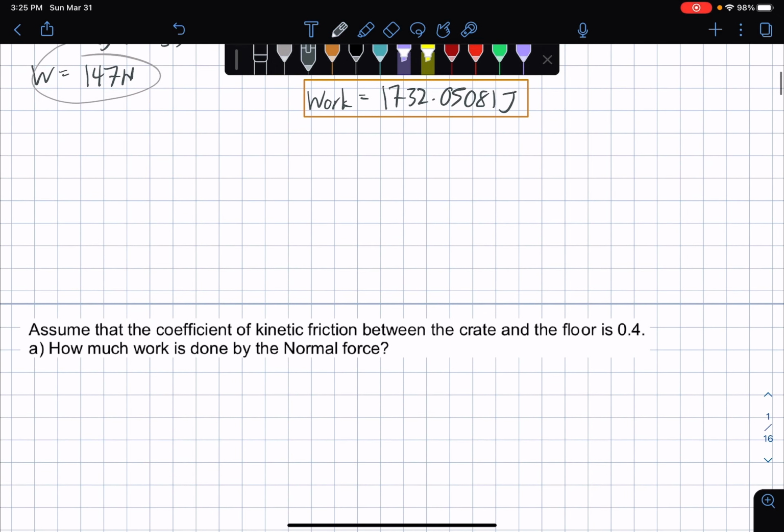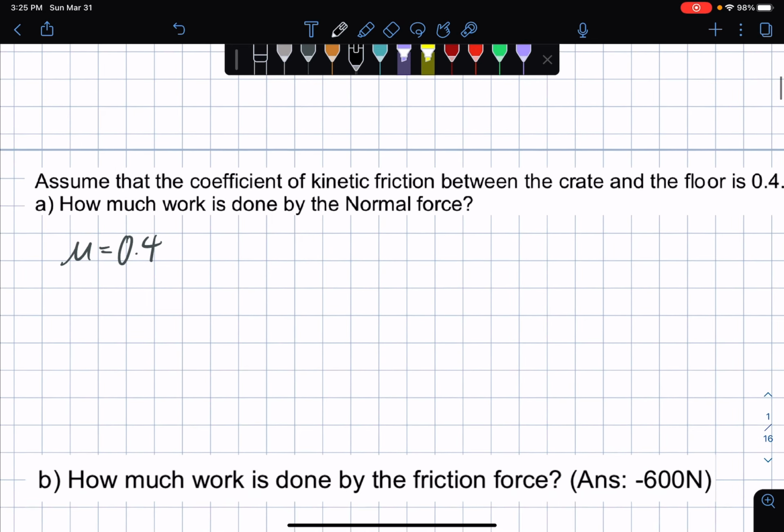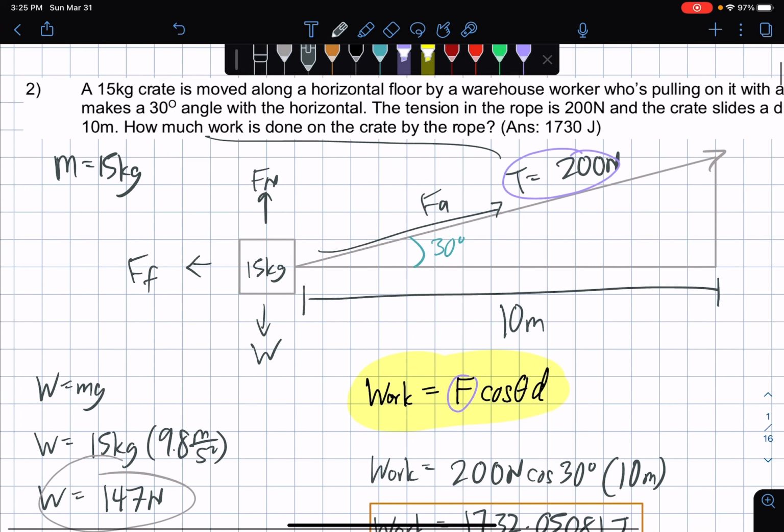Okay, so assume the coefficient of kinetic friction, the frictional coefficient, abbreviated as this symbol, is equal to 0.4. So how much work is done by the normal force? Okay, so Fn is missing, which is this one.